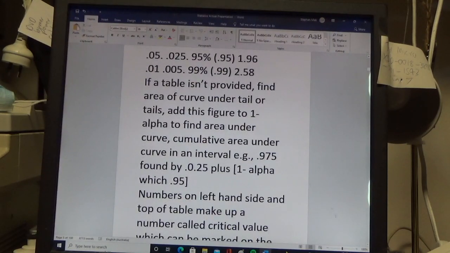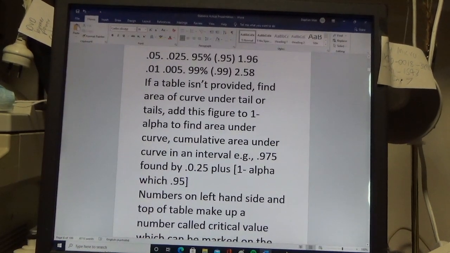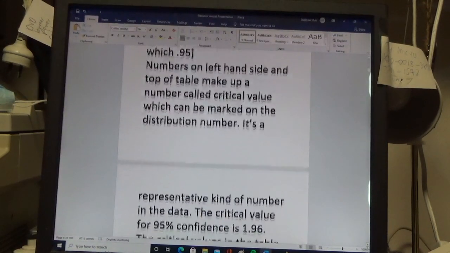But you know how to calculate the critical value by the cumulative method, where you add up the left tail and the area under the middle to give you an area under the curve. Go to that, and that's 0.025 plus 0.95 to give you 0.975. That's it. And then you go out to the left and the right to get your critical value.